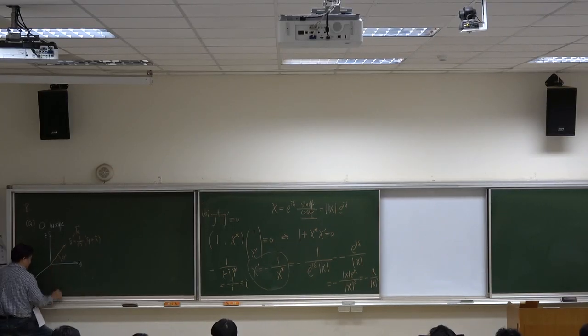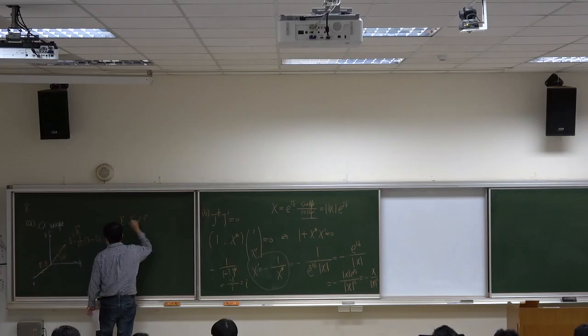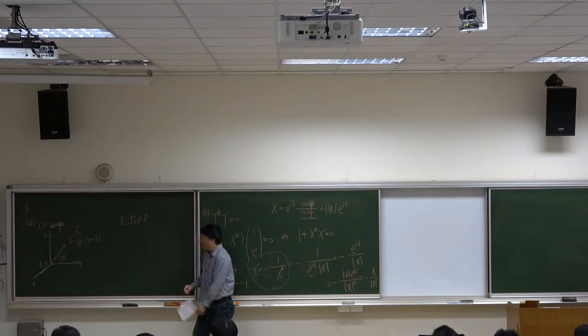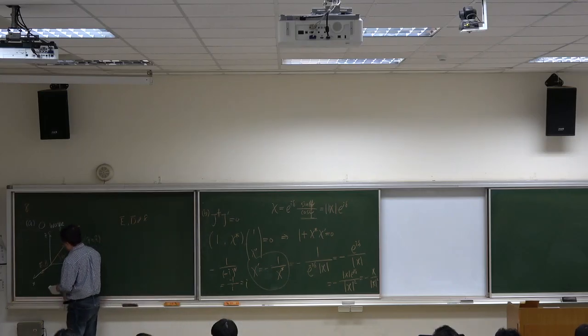So it means that E and D are along the x-axis. So E, D are parallel to the x-axis. And how about the H?